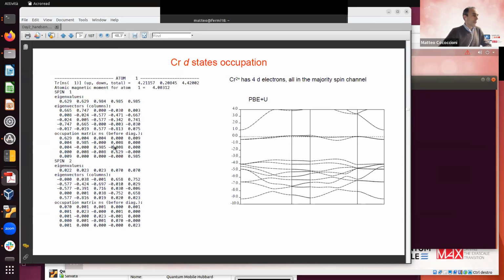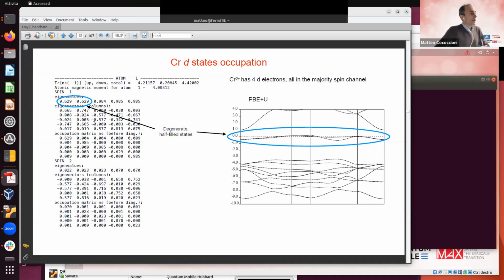Now these degenerate bands are exactly related to these two states, having been degenerate, as you can see from the fact that they have the same occupancy. And since they are degenerate and fractionally occupied, they stick to the region around the Fermi level.